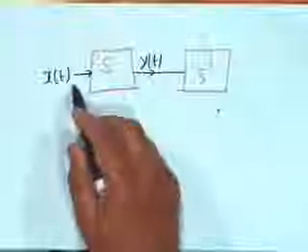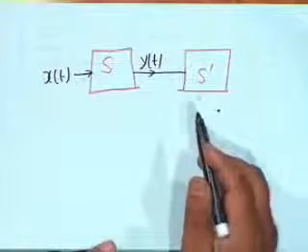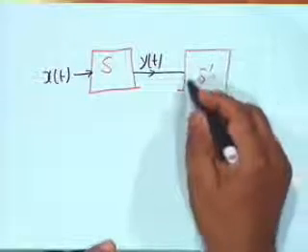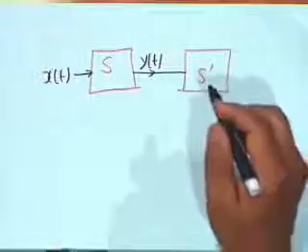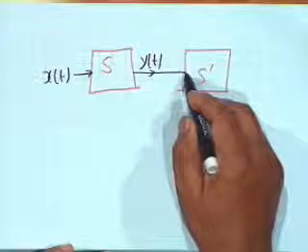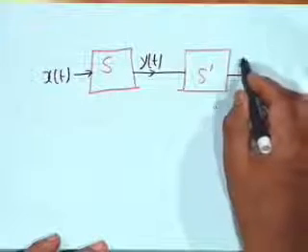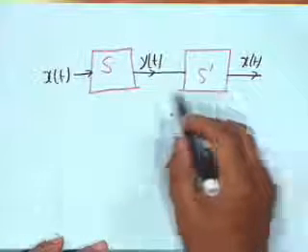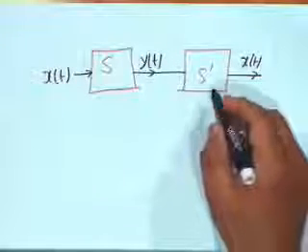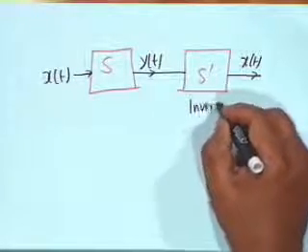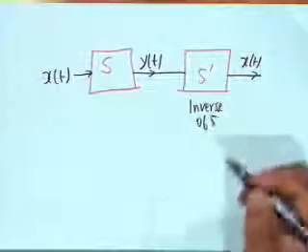Cascade. x of t produces an output y of t, and if there exists a system S prime such that when fed with y of t it produces x of t, then S is said to be an invertible system, and S prime is known as the inverse of S.